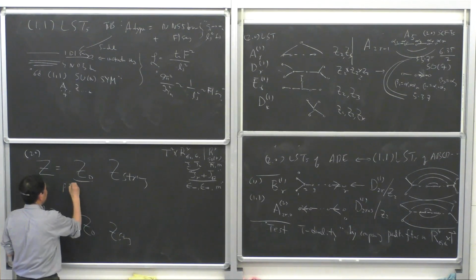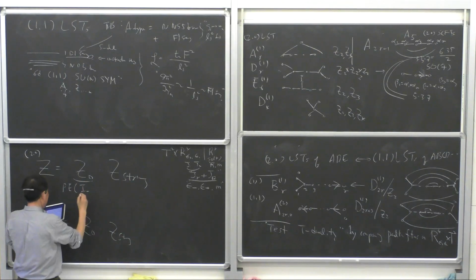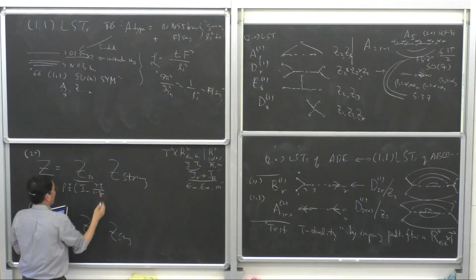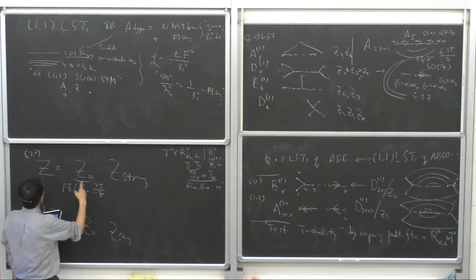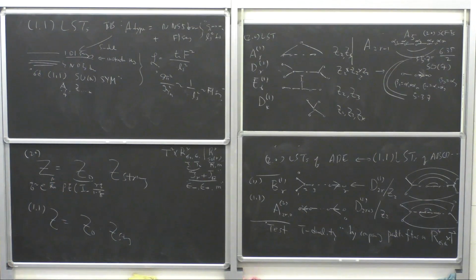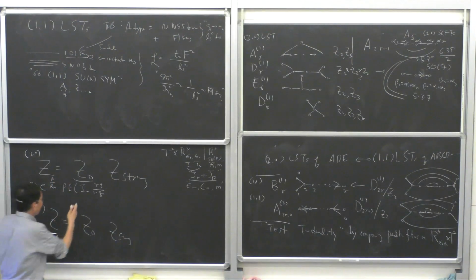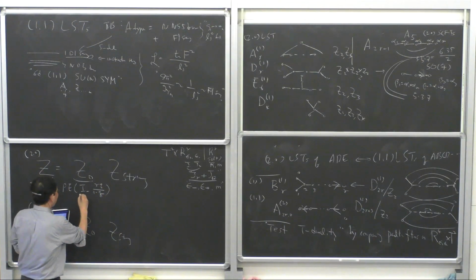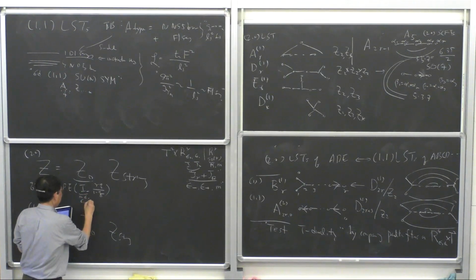It's just a plethystic exponent of some function I minus. Q counts the KK momentum roughly along the M circle, and the rank is R, and I minus is just a function of M, epsilon minus, epsilon 1 and epsilon 2.